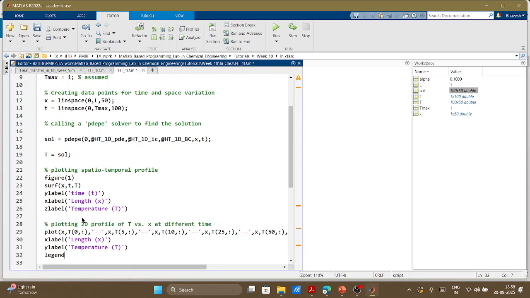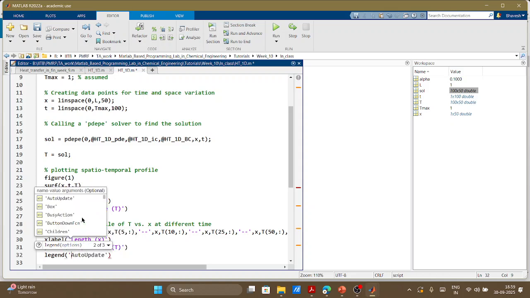your legends. So here we have different time instances, right? So one is t is equal to 0, I can use disp command, right?